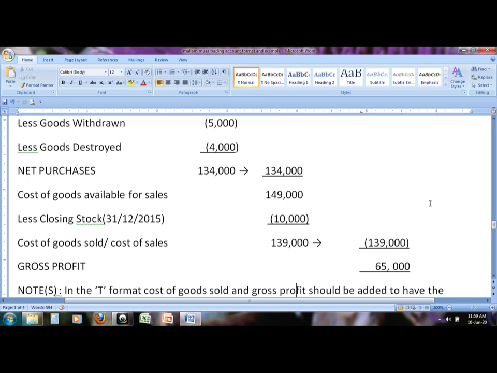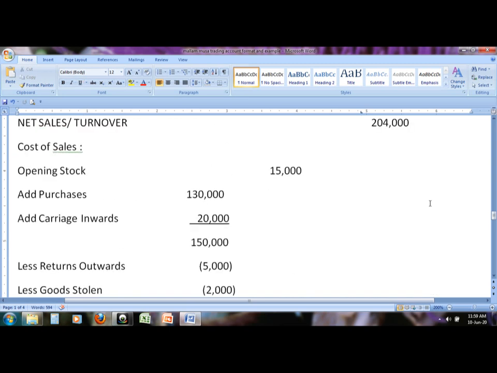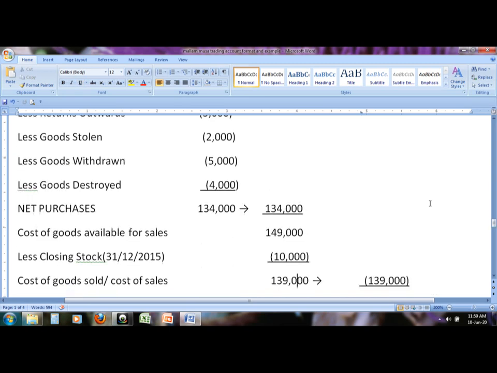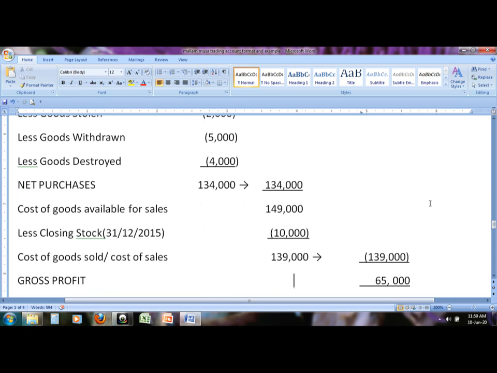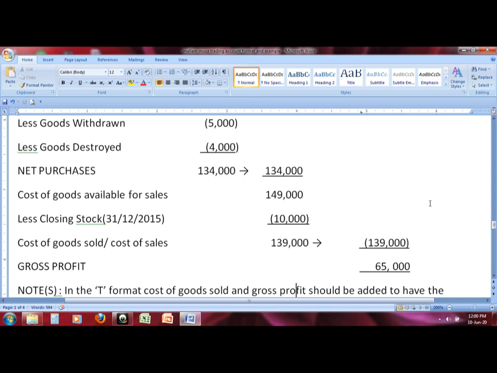Our net sales is bigger than our cost of goods sold, which is 139,000. We take away 139,000 naira from 204,000 naira, and our leftover amount is 65,000 naira. That 65,000 naira is our gross profit.